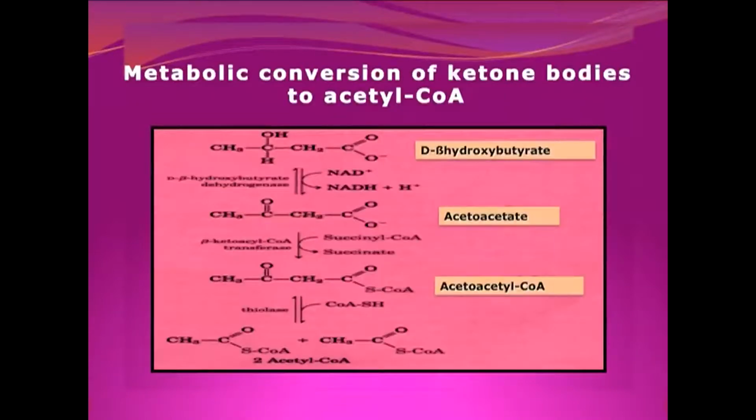This slide will show you how the ketone bodies are getting converted to acetyl-CoA. Firstly, there is the participation of the enzyme D-beta-hydroxybutyrate dehydrogenase. It is a NAD plus dependent enzyme. Using this enzyme, the compound D-3-hydroxybutyrate gets converted to acetoacetate.